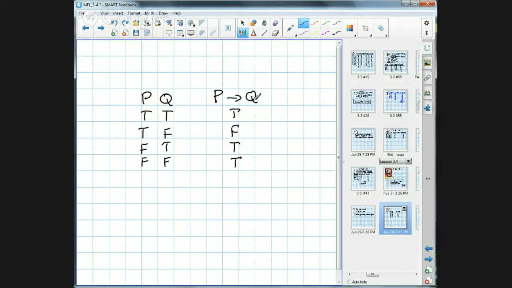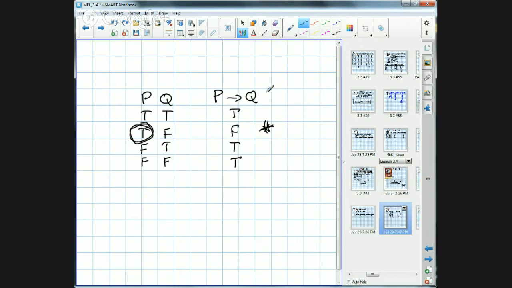But when he says an if-then statement is false, there is only one possible line, this one. And look what that says about P. Logically, he didn't mean to do it, but he just inadvertently admitted that his client was guilty.